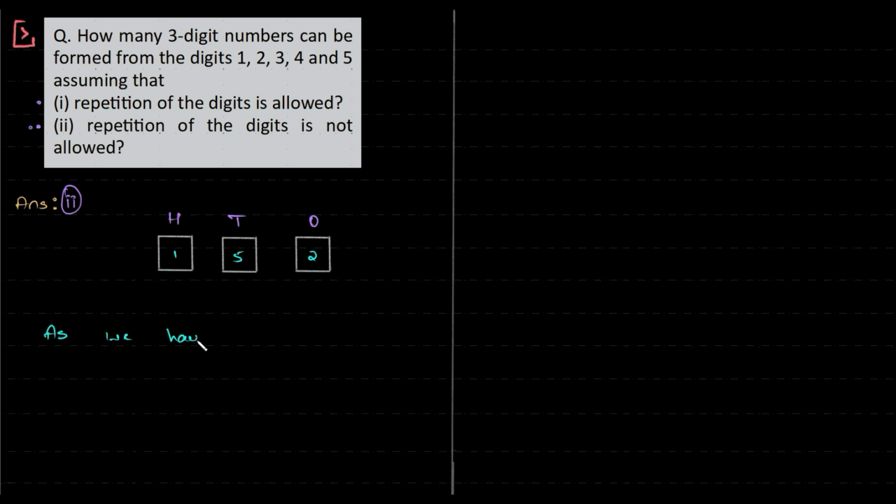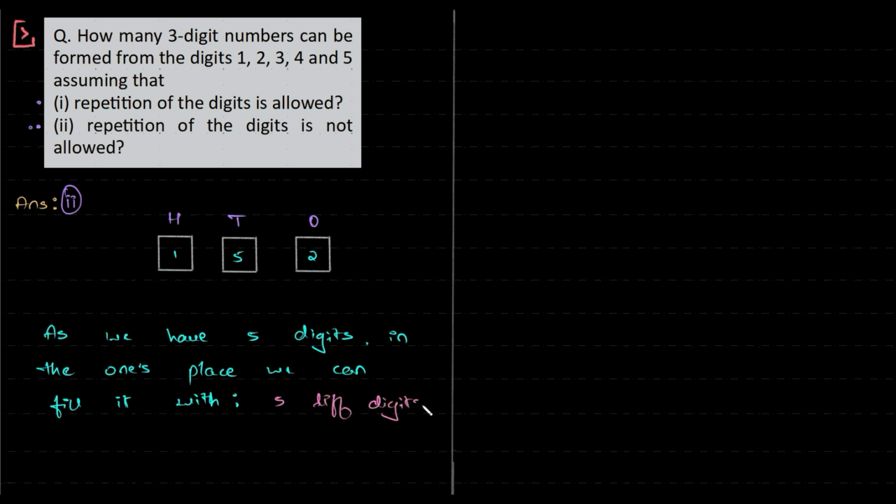So our answer will look something like this. As we have 5 digits, in the ones place we can fill it with 5 different digits. In tens, it will be 4.